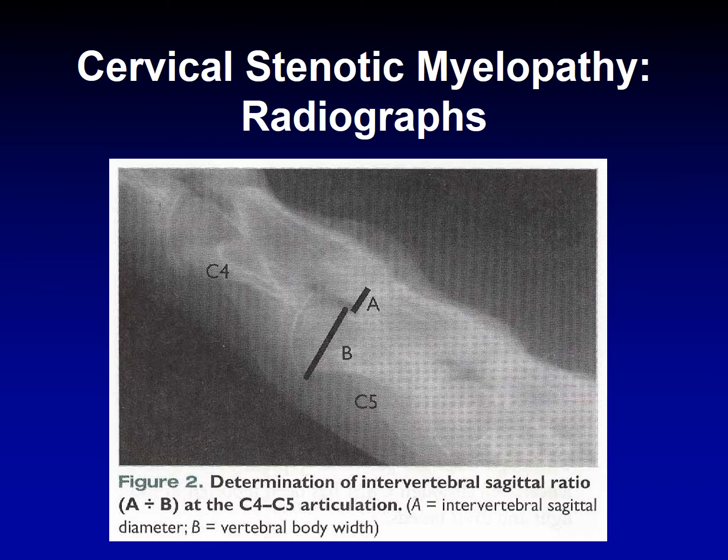So this is a radiograph showing what we call the intervertebral sagittal ratio. So we divide the depth of the spinal canal by the length of the vertebral body.